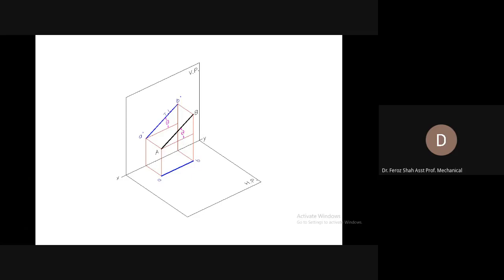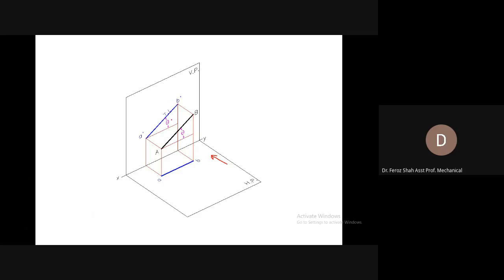Now, as the line is inclined to the horizontal plane, its inclination theta can only be seen in the front view while looking into the line in the front view from this direction or from this direction. This can exactly be judged or seen.